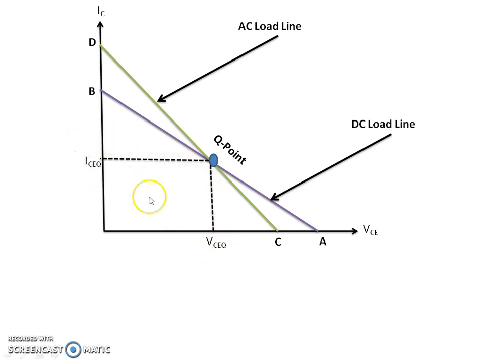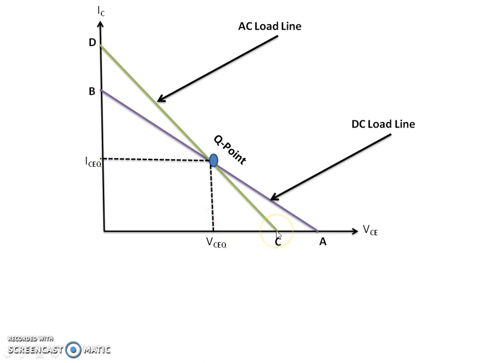So this VCEQ and ICQ are my DC components. Once the AC load line and DC load line intersect, this intersection leads to the Q point, which is projected on the x-axis as VCEQ and on the y-axis as ICQ.